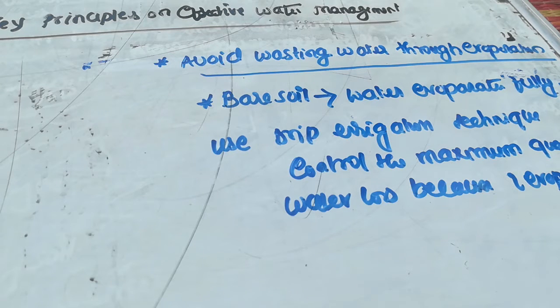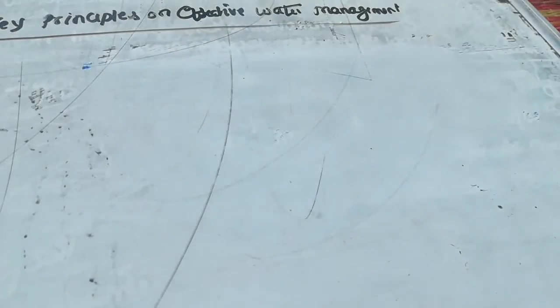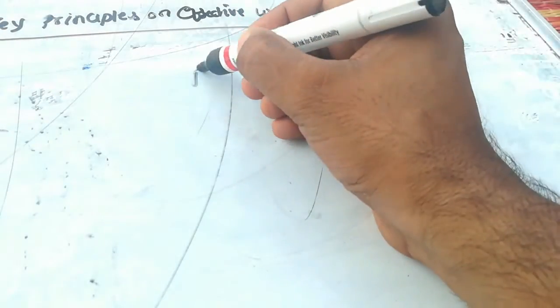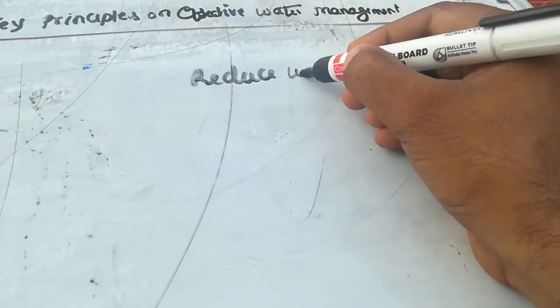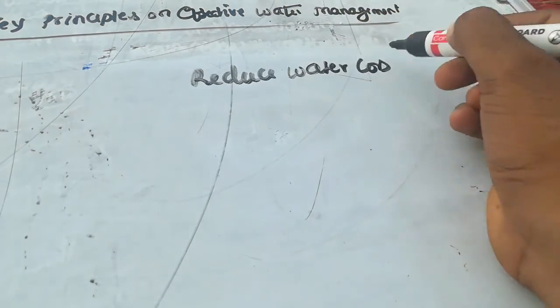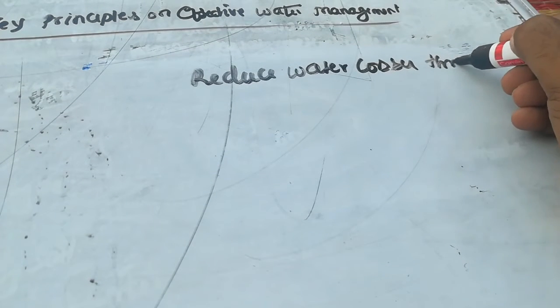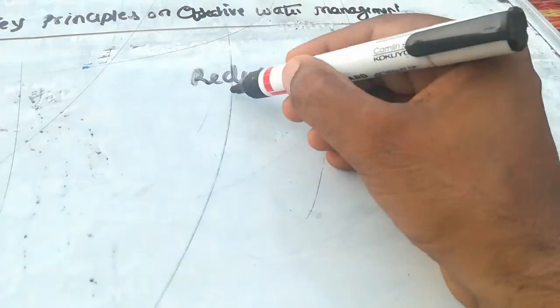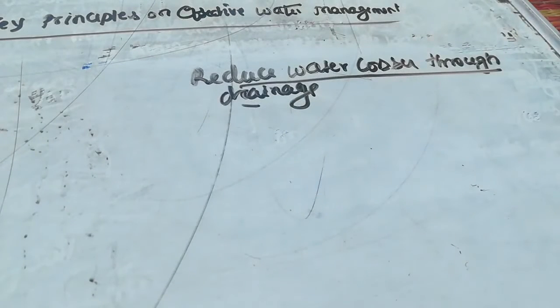Reduce water losses through drainage. When water drains out of the soil, nitrogen is washed out.